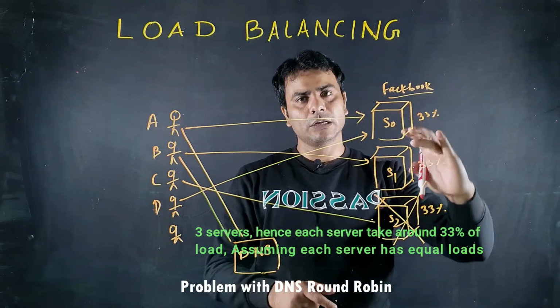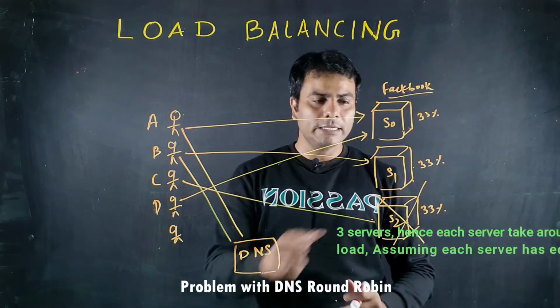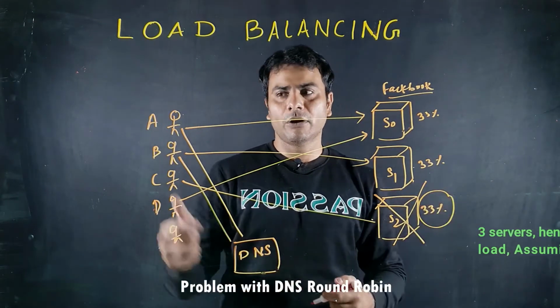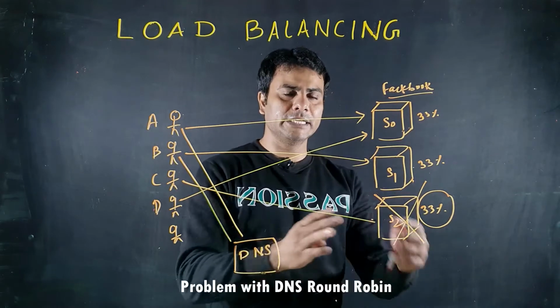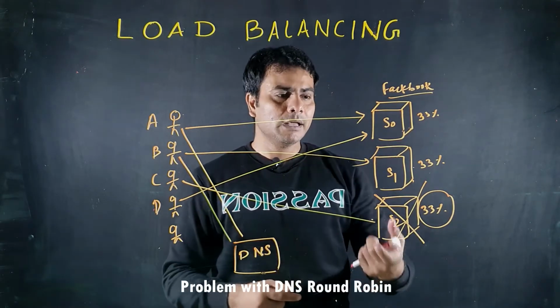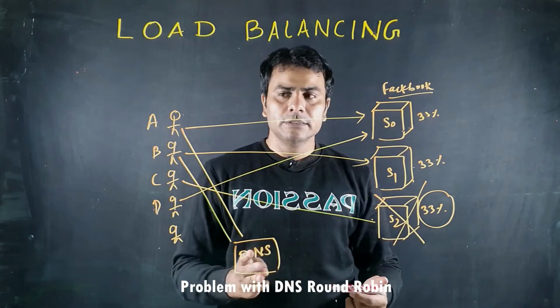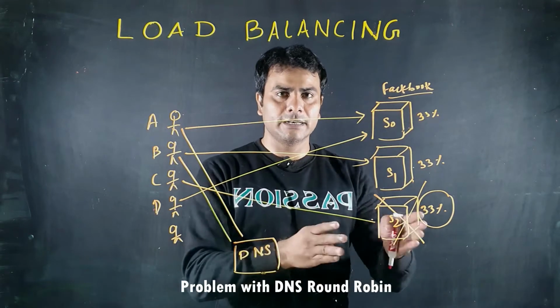If the total load is 100, it will be approximately 33% each. If one server goes down, almost 33% of the load will not be reachable for the user, because the DNS server does not use any health check mechanism to check which server is up and running. So this is not a recommended solution if you are developing a large scale application.